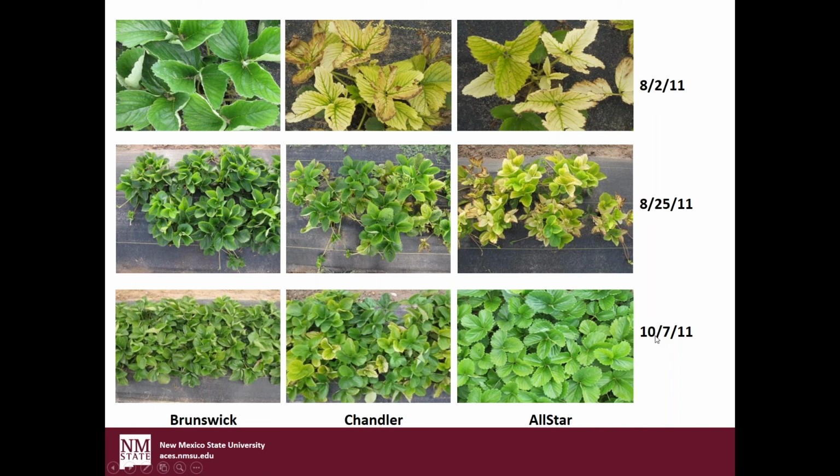What we see is at the very beginning for Brunswick, it was a good plant. Didn't really have anything going on. As we go over time, we have a good product all the way down, which I would say is tolerant. This is a type of strawberry that you would like to grow as long as it still has a good taste.